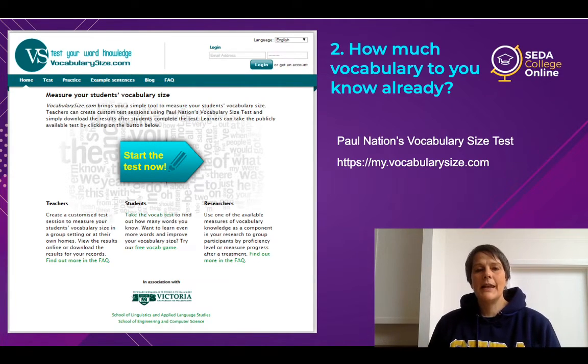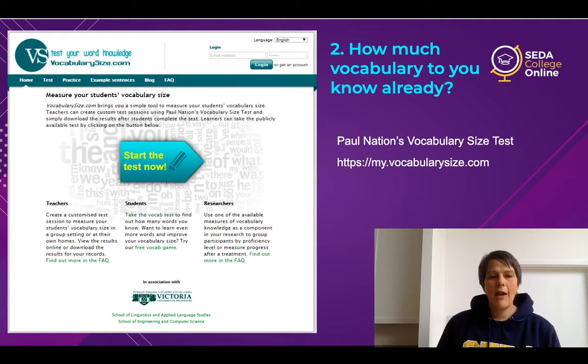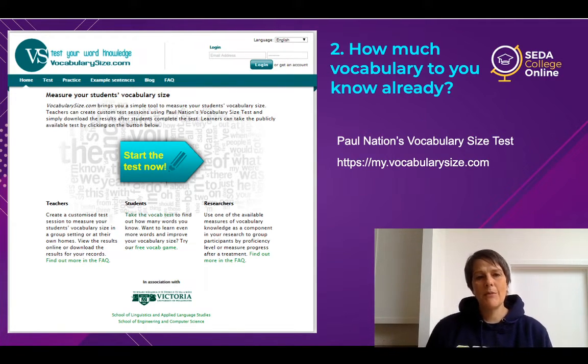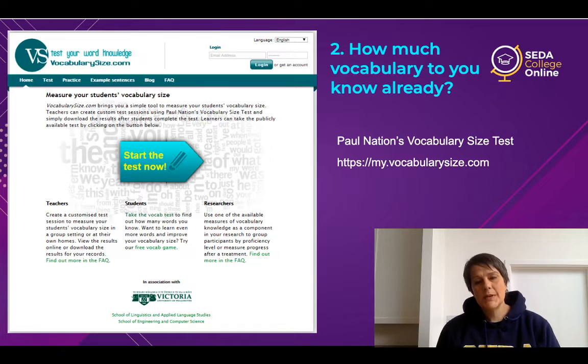I advise, it's not a time test. It doesn't matter how long you take to do it. You don't get more points for doing it fast. So the idea is that you actually take your time, and you read it slowly and carefully, and you do your best to get the right answer each time. And if you don't know, you say you don't know, and it's not graded.